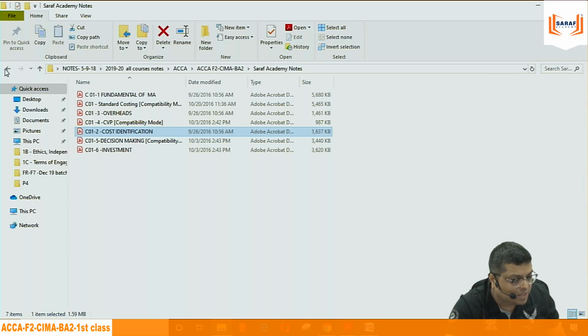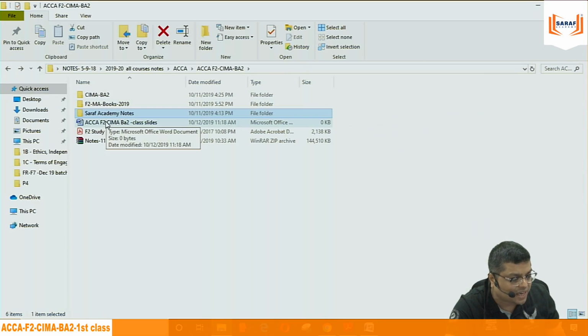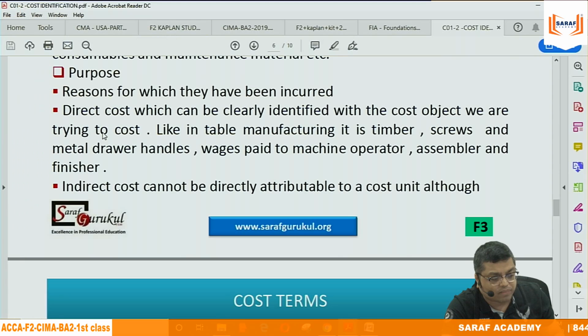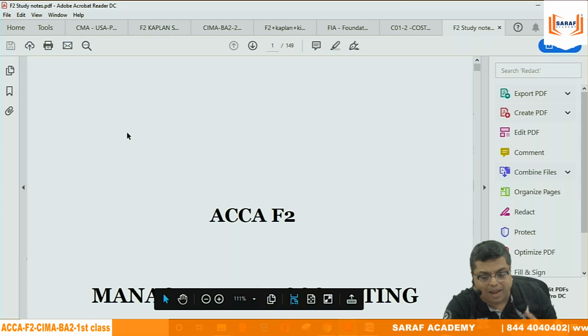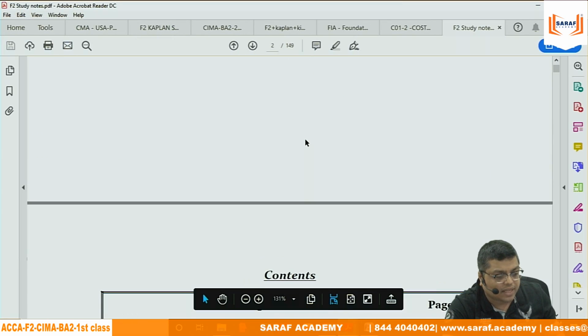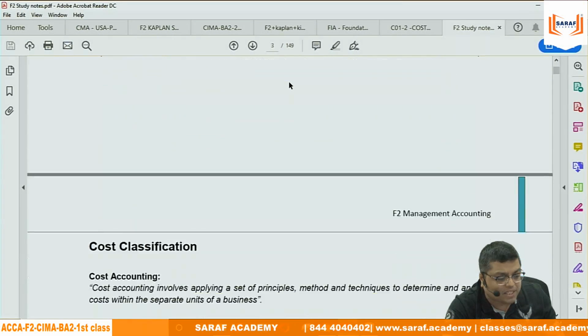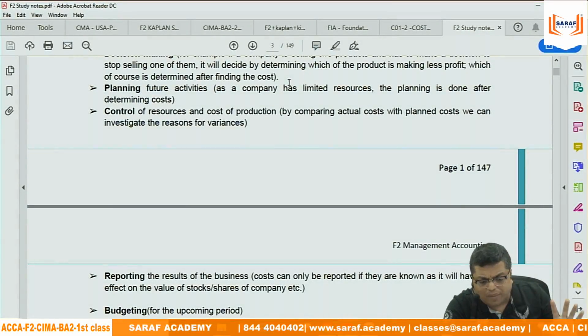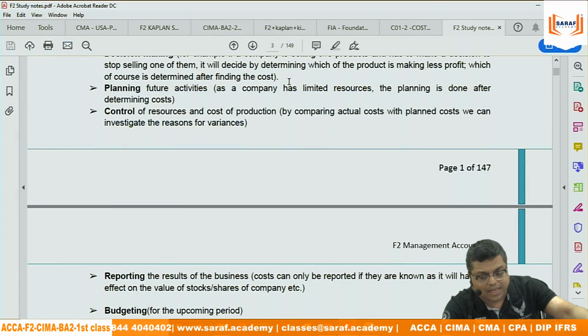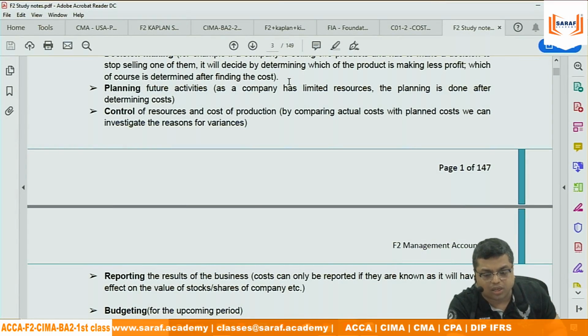At the same time, there is a material which I got from the ACCA Institute. I like that the most. It is called F2 study notes. F2 study notes were given by the ACCA Institute to me for teaching in the class. It is 149 pages. Every topic is covered in short. It is slightly lengthier than my notes, but it covers all the concepts in short.